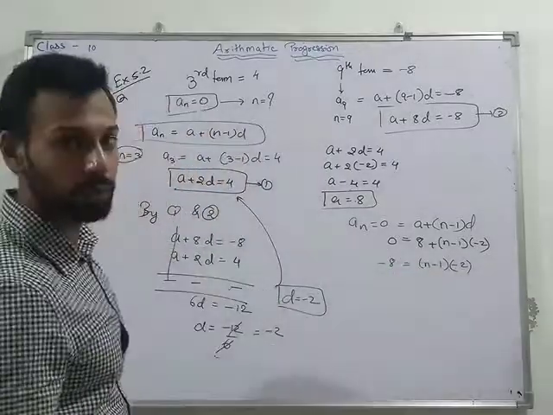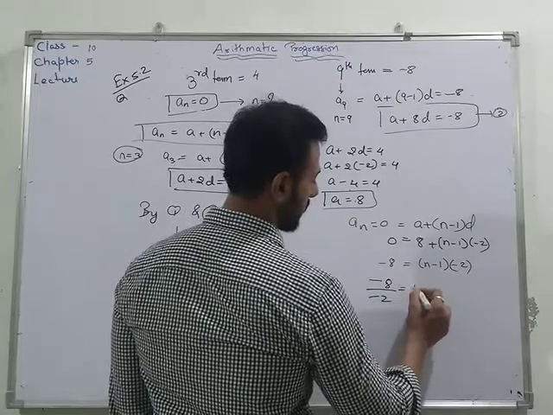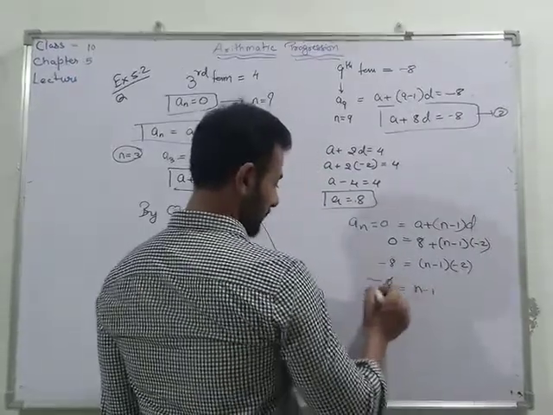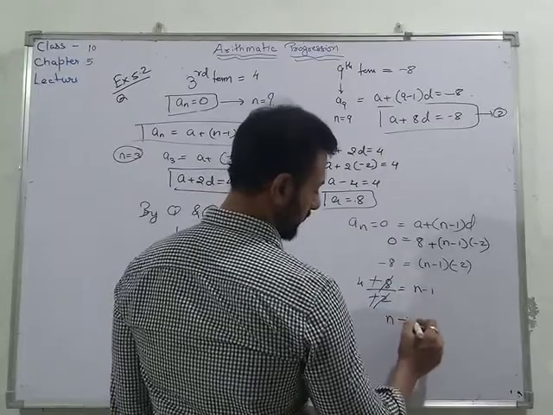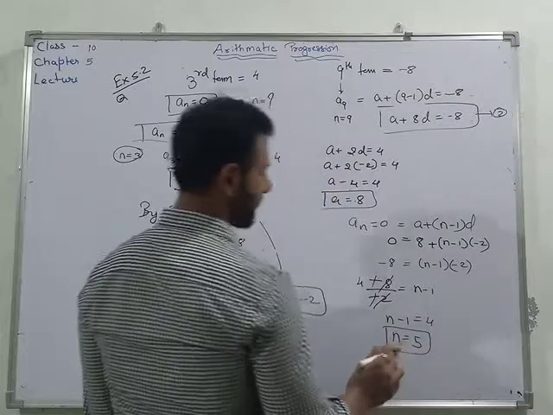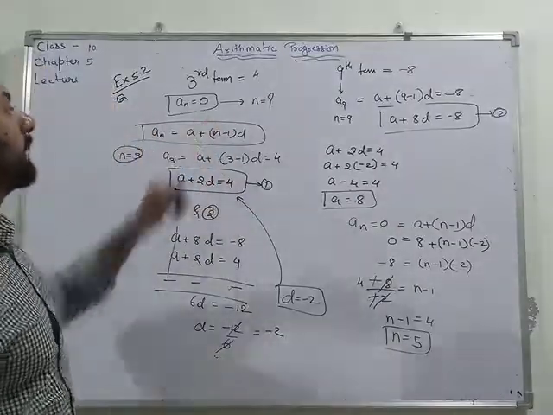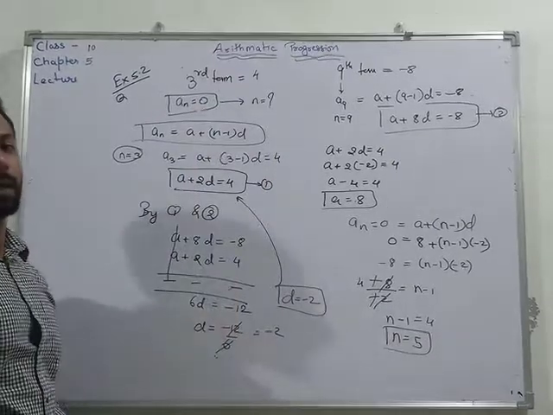Taking this minus 2 to the denominator, minus 8 upon minus 2 is equal to n minus 1. Simplifying this, we will be getting 4. N minus 1 is equal to 4. So n is equal to 5. Means the fifth term will be 0 in this given AP.